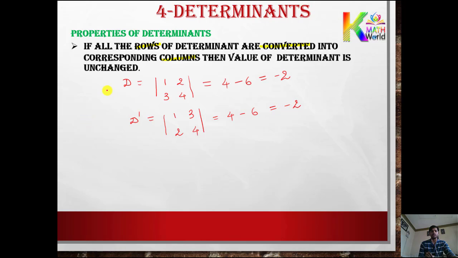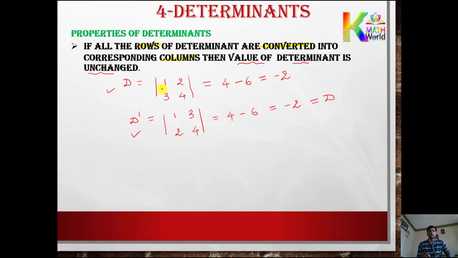If you perform this operation, the value of D dash is the same as D. It means the value of the determinant is unchanged.